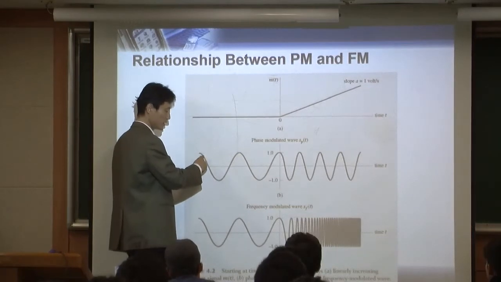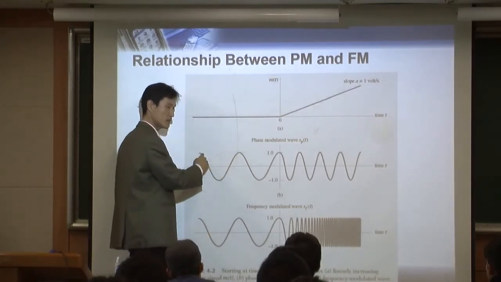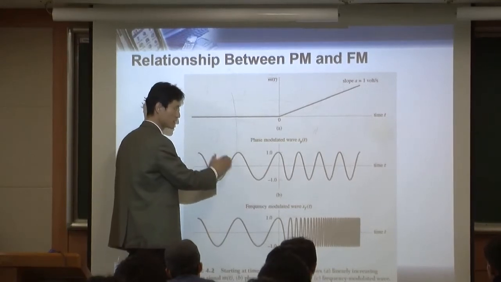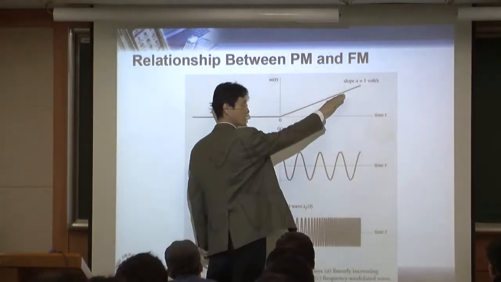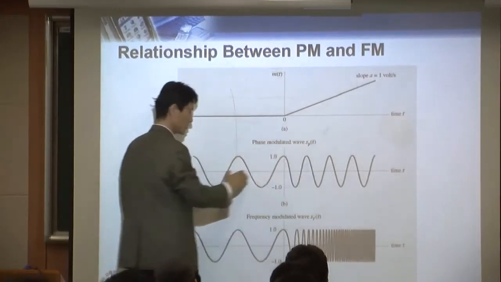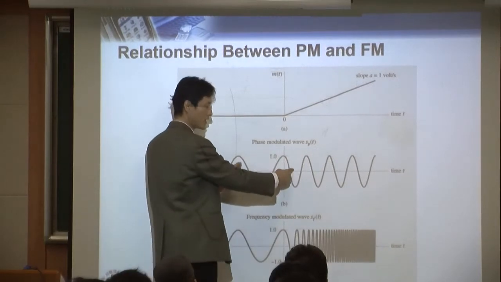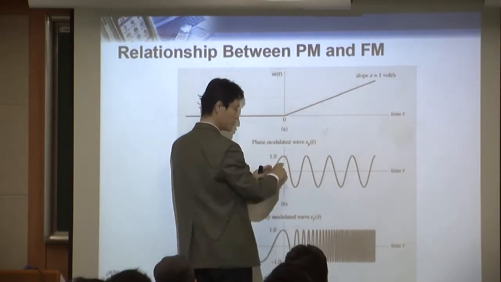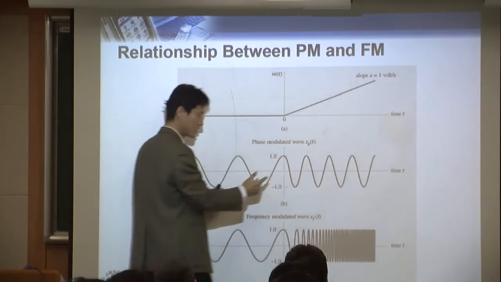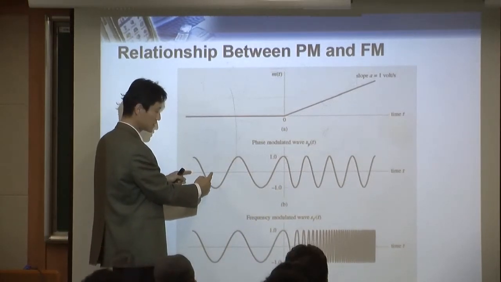Phase is changing at its own pace. But since the message is increasing in a positive way, your phase is moving a little bit faster. From here, phase 0, here is 90 degrees, here is 180 degrees.